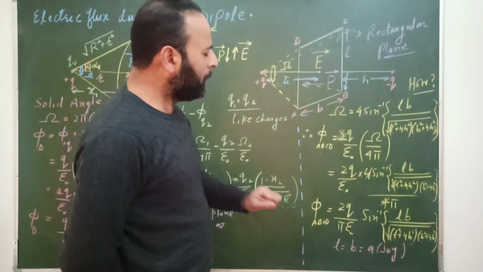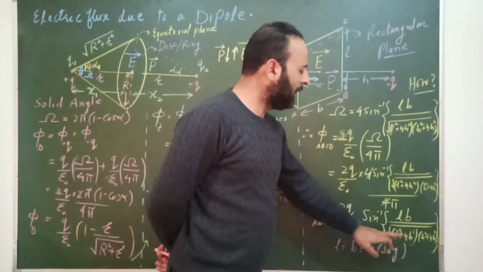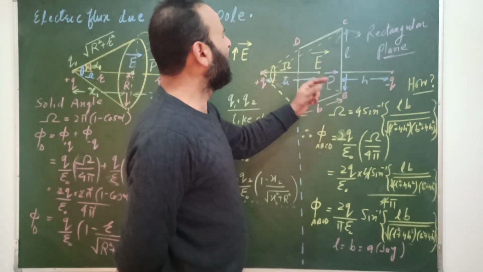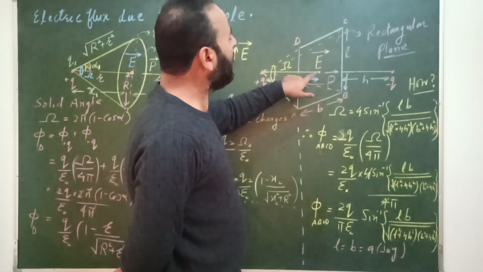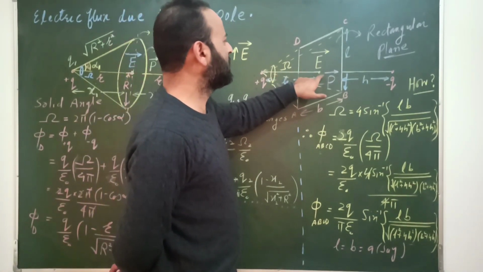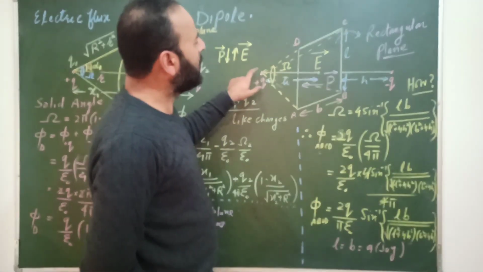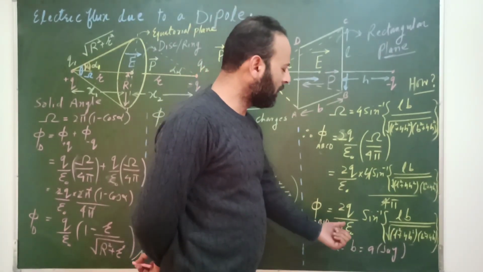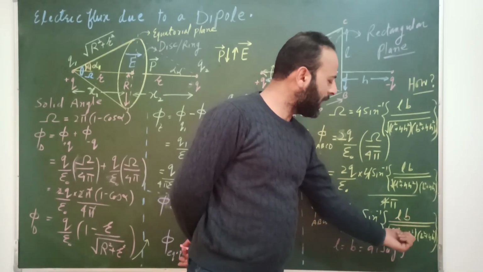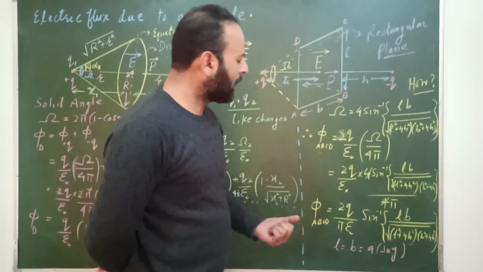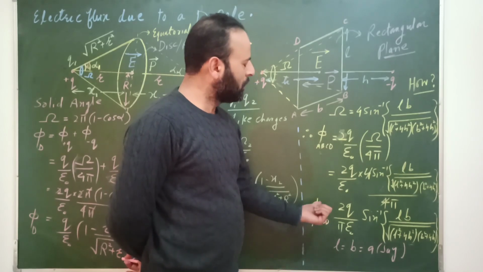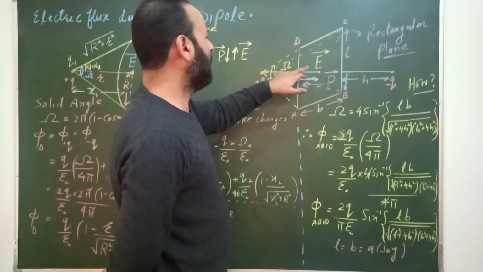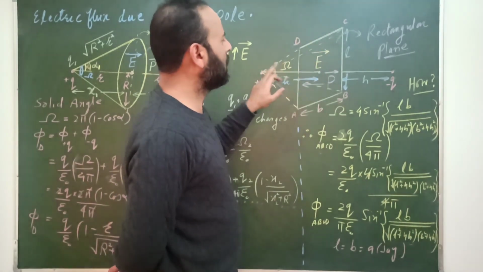Now, again, if L is equal to B is equal to A is equal to H also, which means the half length of the dipole, that is from the center of the dipole to either charge, is equal to the dimensions of the square, then we have L is equal to B is equal to H is equal to A. So we can calculate the flux through the square plane at a distance of A, that is equal to the dimensions of the square.